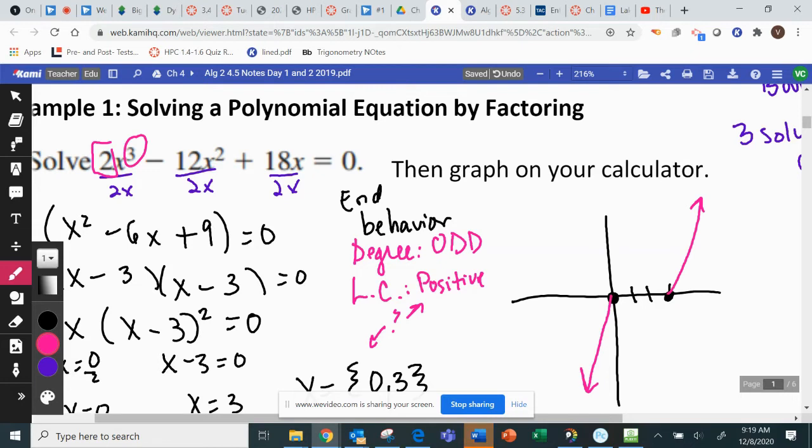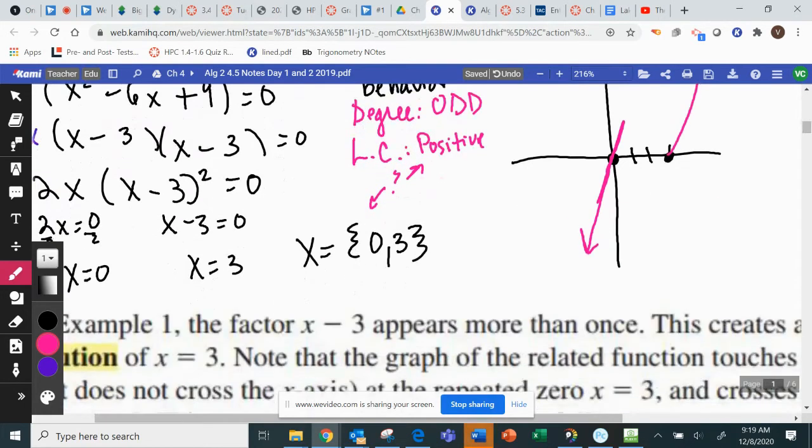Because we had one solution at x equals 0, that's going to pass through. Because we have two solutions, the 3 is repeated times 2. Because we have two solutions, at that 3, it's going to look like a parabola. So at 3, it's going to look like a parabola.